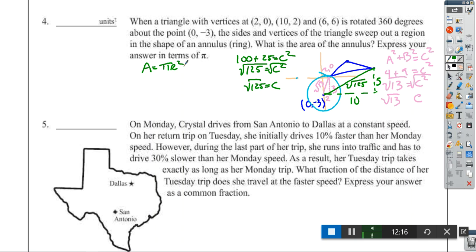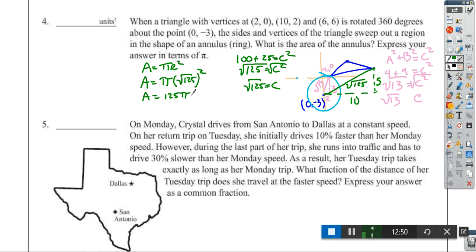The radius is the square root of 125, so the area is pi times the square root of 125 squared. The square root of 125 times the square root of 125 is 125. So the area of the big circle of my annulus is 125 pi.